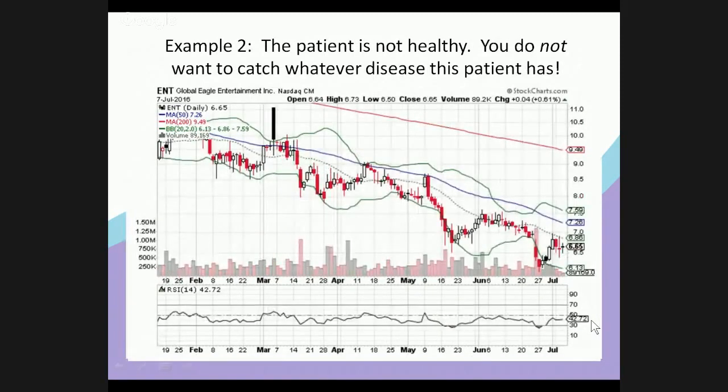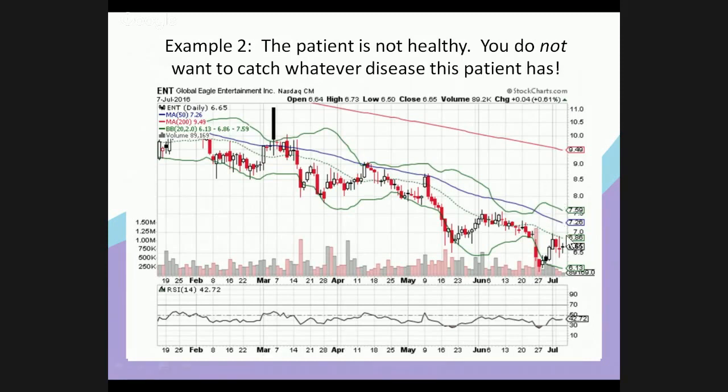On the other hand, here's example number 2. In this case, the patient, in my opinion, is not healthy. And you do not want to catch whatever disease this patient has.